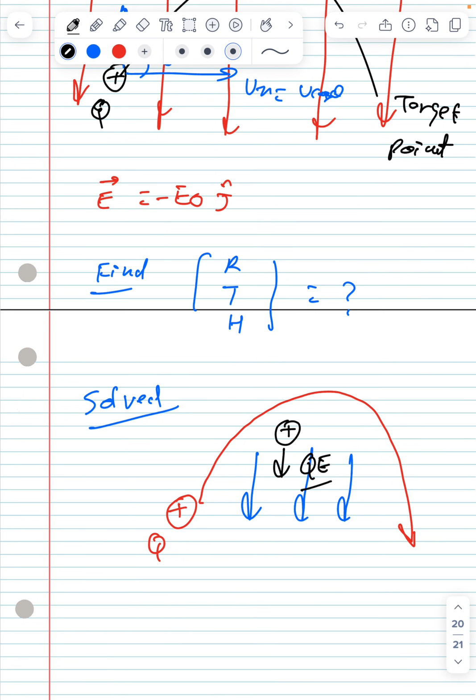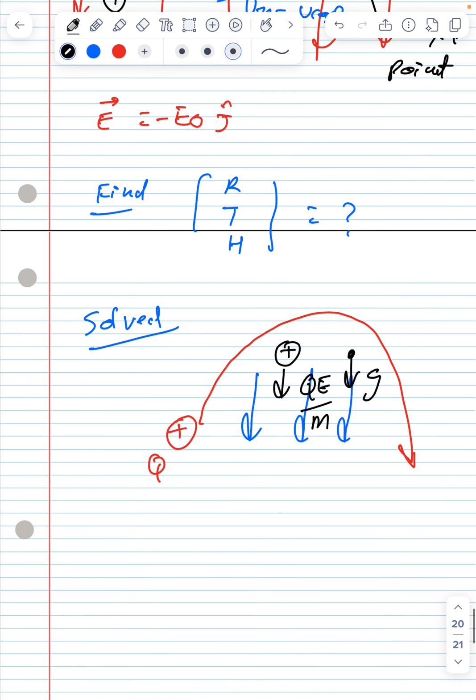Suppose that a positive charged particle is projected in a uniform electric field like this. In this situation, the direction of the electric field acts vertically downward, and the electrical force on the charged particle also acts vertically downward, QE.